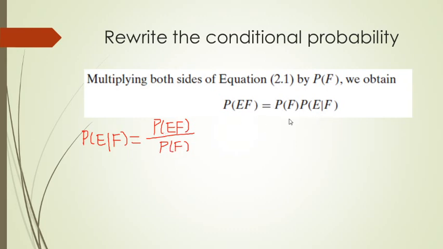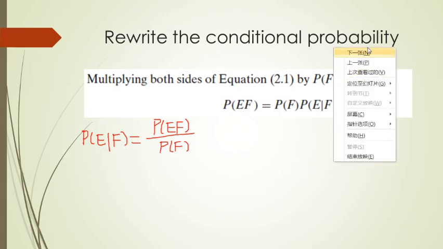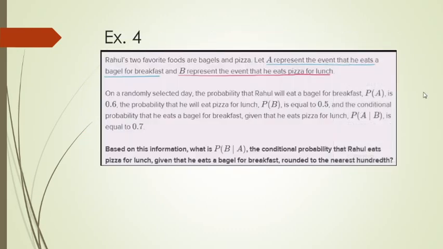So we obtain the probability of event E and F equals the probability of event F times the conditional probability. This gives us a way: if you know the conditional probability, you can work out the probability of the intersection of 2 events. So that is how we rewrite the conditional probability.